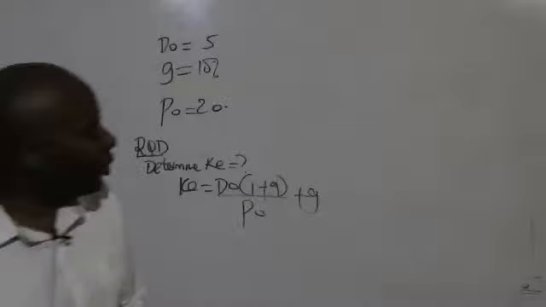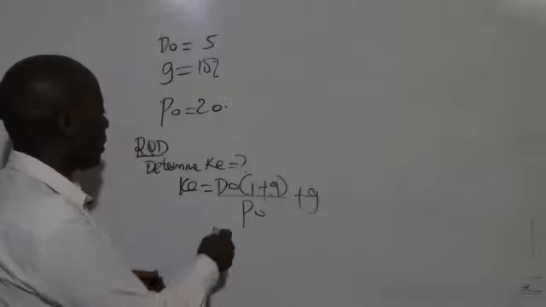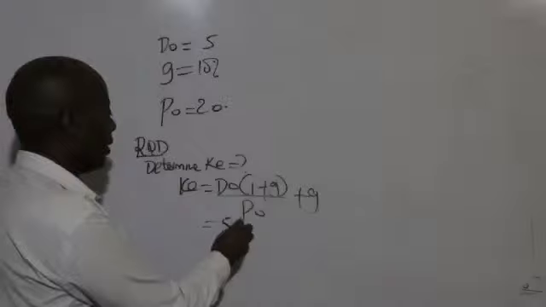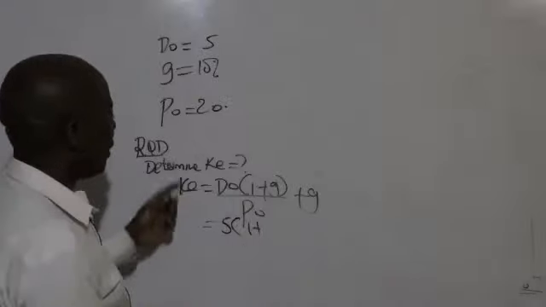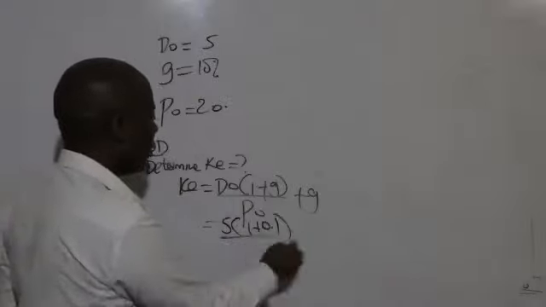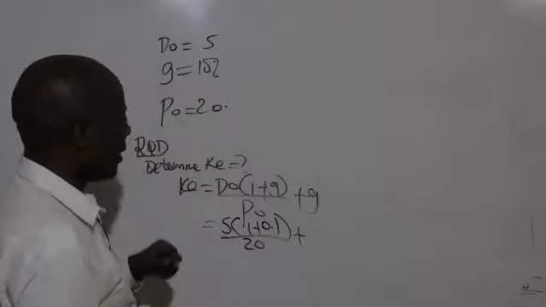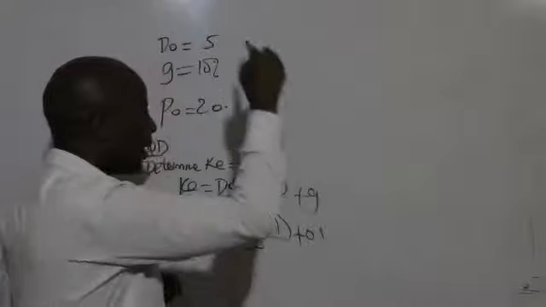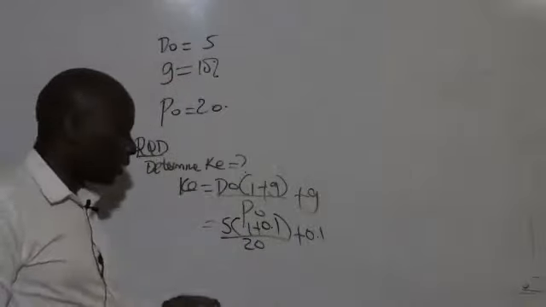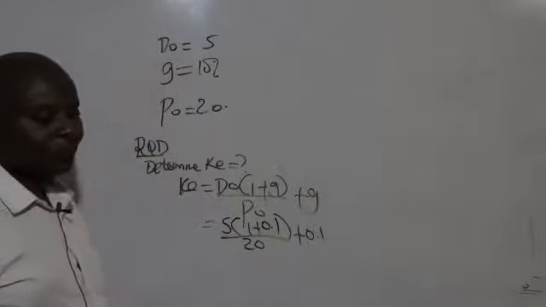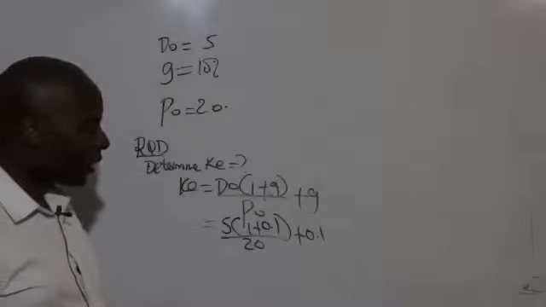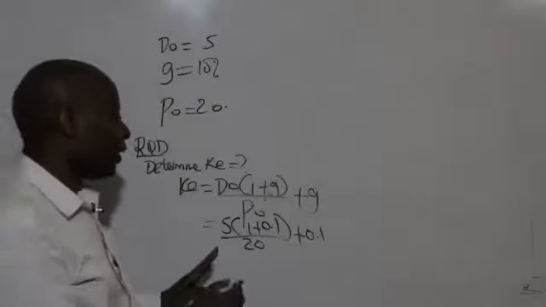So my D0 here is 5 into 1 plus g, 0.1, all over P0, which is 20, plus g, which is 0.1. So could you kindly give me an answer? That's 7.5. Thank you very much.